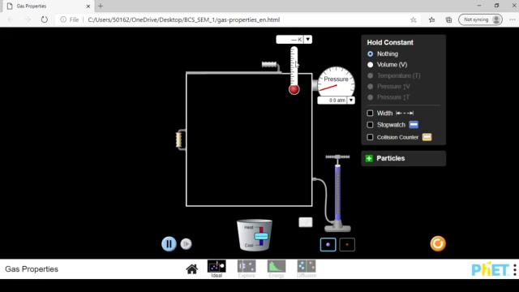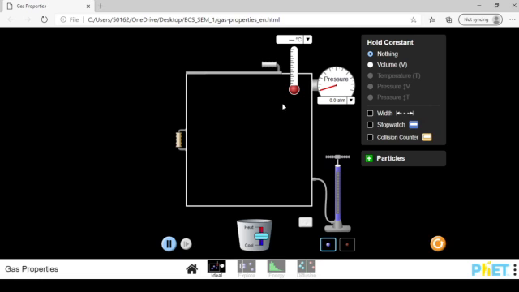So let's start with this. What is here at the top? There's a temperature. So I want you to keep track of the temperature. I'm going to be using Celsius instead of Kelvin. For right now, the temperature is 0. Pressure, as you can notice, is also 0. And the reason why the pressure inside here is 0 is that there are no particles. And since there are no particles, there cannot be any pressure.